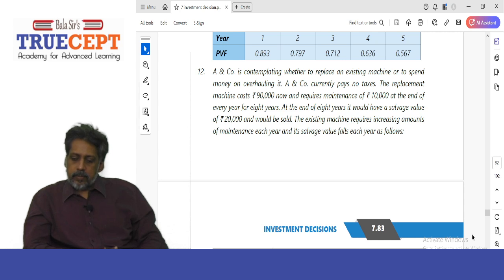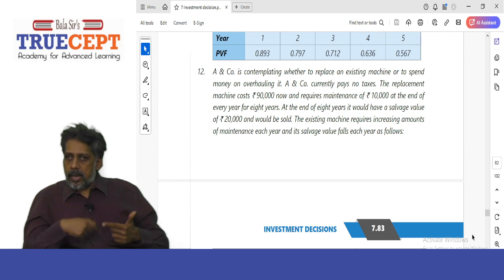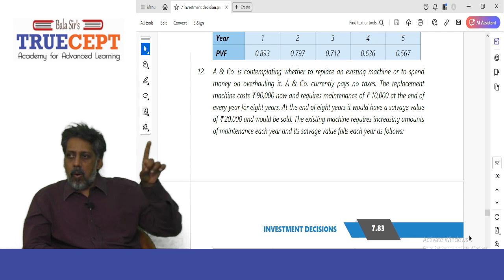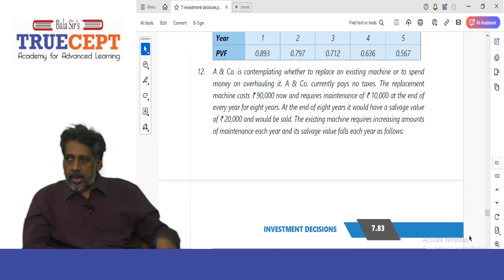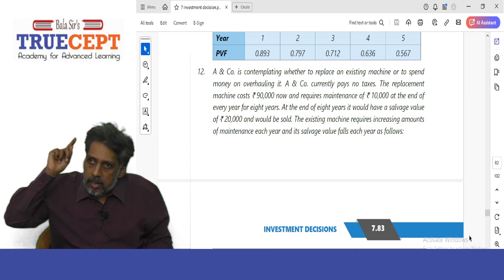Next. The existing machine requires increasing amount of maintenance each year and its salvage value falls each year as follows. It's understandable. The existing machine will cost you more to maintain as the years go by. And as the existing machine gets older, its salvage value will fall.